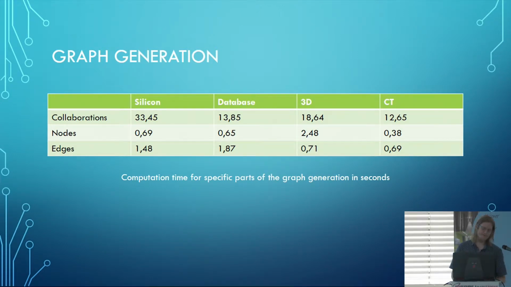All the numbers are from the database. We are not getting anything from cache. And after the collaborations are downloaded from the database, you can see that the nodes are usually generated in less than a second and the edges in less than 2. And we will see that these graphs have hundreds of thousands of nodes and even more edges at times.